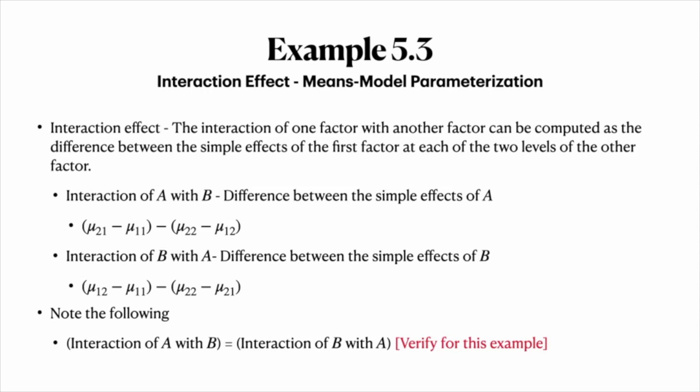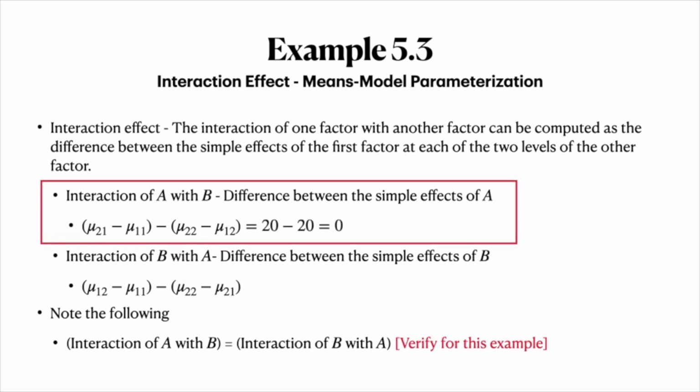We can think of the interaction of A with B, and by definition that would be the difference between the simple effects of A. The simple effect of A at the first level of B is mu21 minus mu11. The simple effect of A at the second level of B is mu22 minus mu12. So let's actually do that.